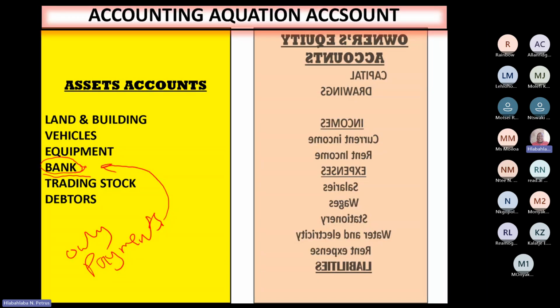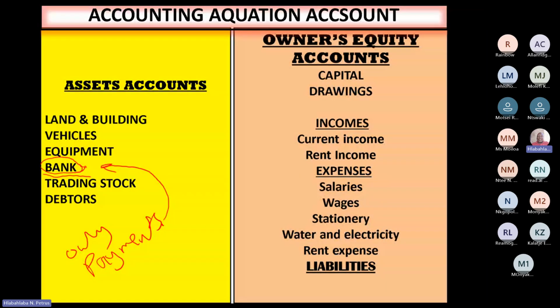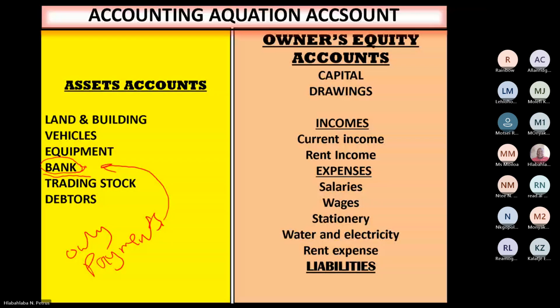We also have the accounts that fall under the owner's equity, where we have capital. Under the incomes, we have current income and rent income. Then we have expenses, which are salaries, wages, stationery, water and electricity, and rent expenses.